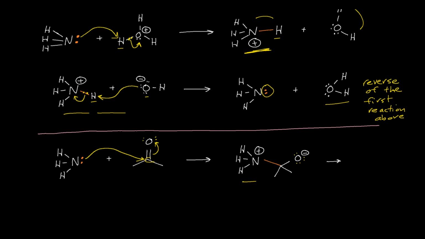We know that this can continue with loss of a proton here and gaining of a proton here, and will likely end up looking like this. Carbon, carbon, OH. And we saw a bunch of that in the last unit too.